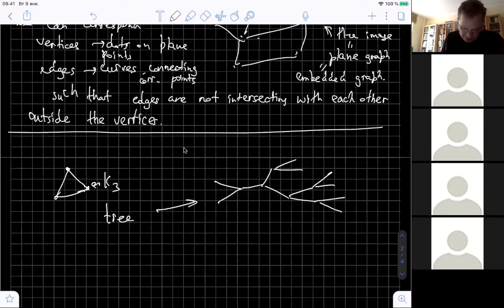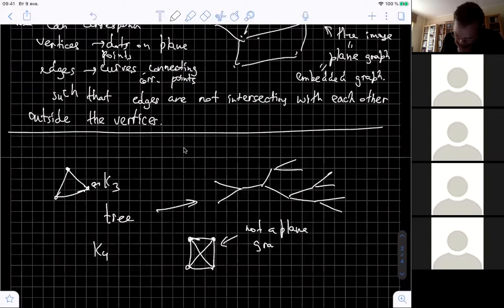For example, K3 we can draw on the plane. What about K4? Okay, this is not a plane graph. But is K4 a planar graph or not?